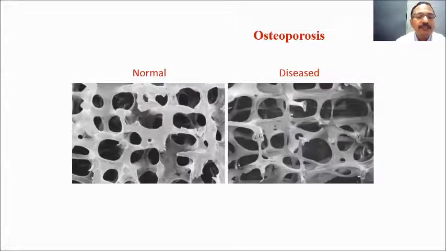There is a mutation in the gene responsible for the synthesis of the collagen fibers. Due to the inadequate production of collagen fibers, such patients develop brittle bones, and usually they suffer from bone fractures.